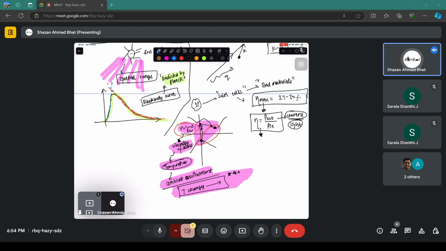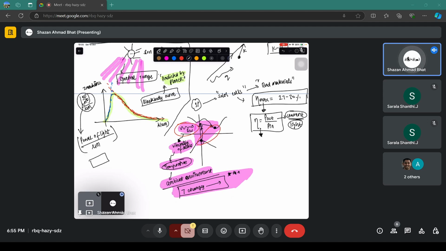This particular thing is irradiance. We will talk about what irradiance is. It's basically watt per meter square per micrometer, and this is the wavelength in micrometers. So this is the power of light irradiating on a surface per micrometer.